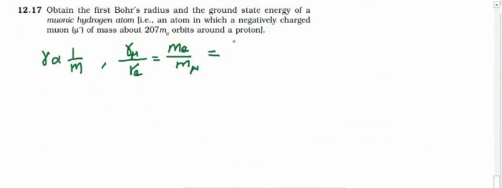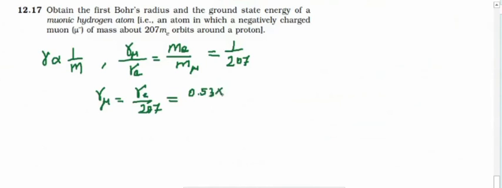And that ratio is around 1 divided by 207. Therefore, R mu is equal to R e divided by 207, and R e is 0.53 angstrom, that is 0.53 into 10 power minus 10 divided by 207. So you will get the radius of the muonic hydrogen.